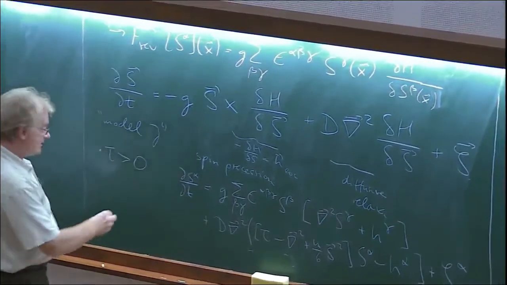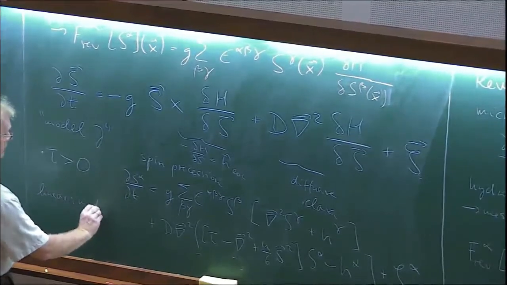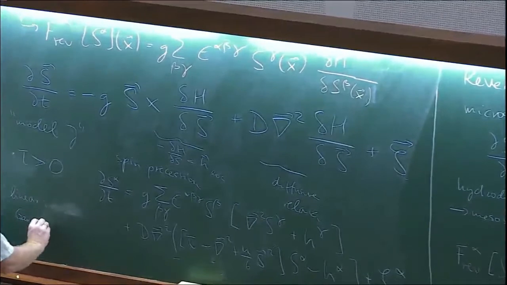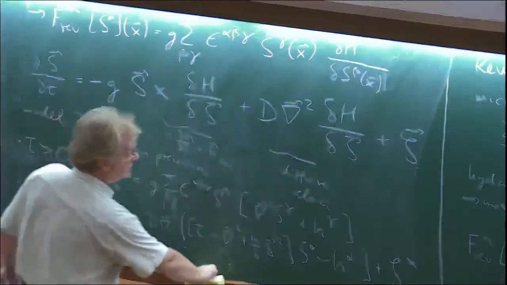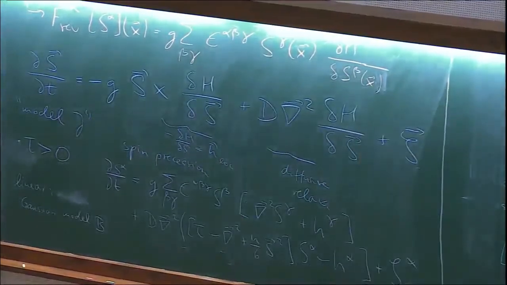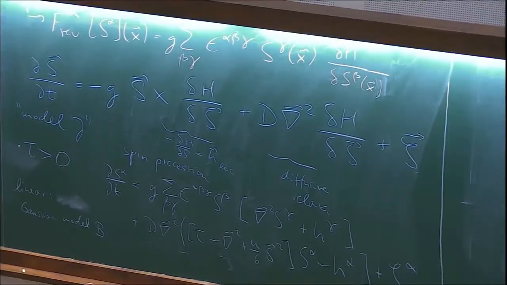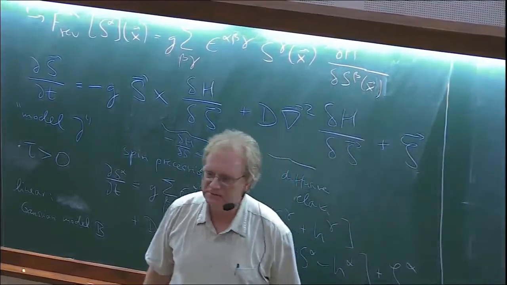So the linearized theory is just like the linear theory for model B. So it's just the Gaussian model B. So what you see as linear modes in the system are just overdamped, diffusively relaxing excitations. The ones we discussed yesterday for model B. In this business, they are fancily called paramagnons.